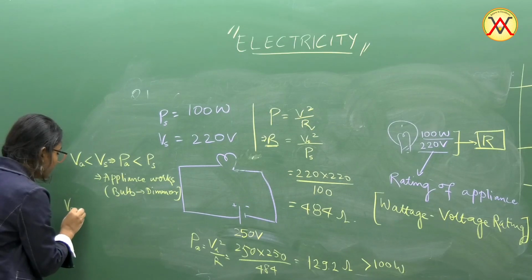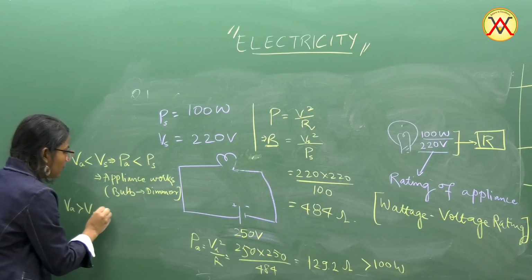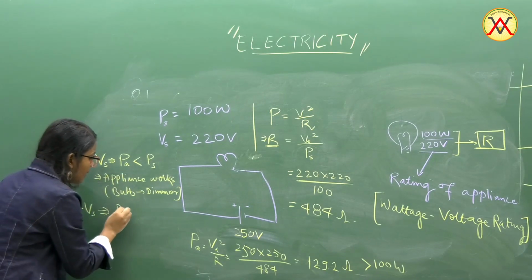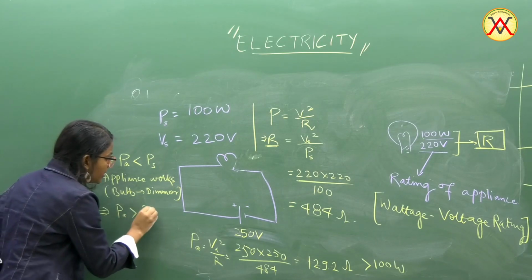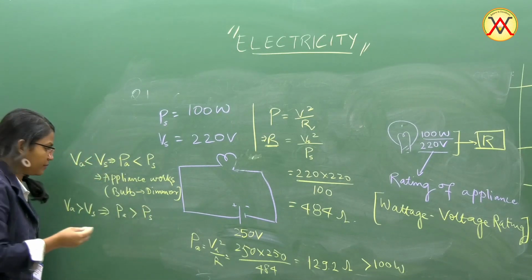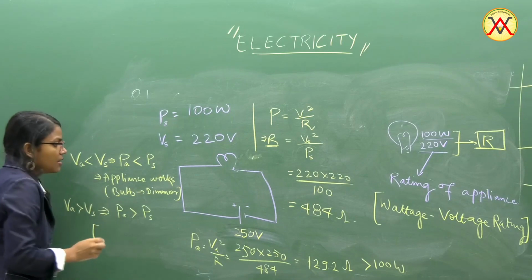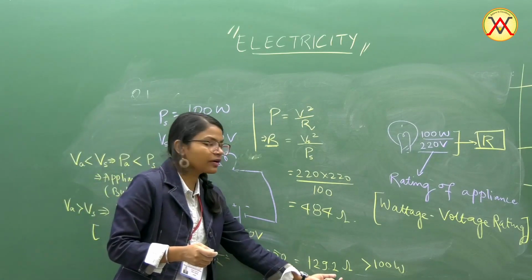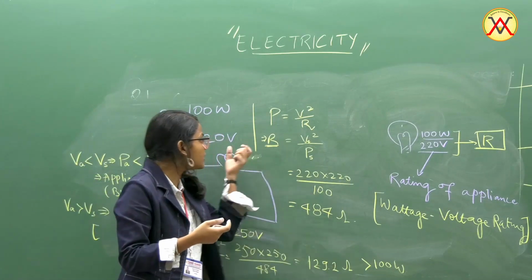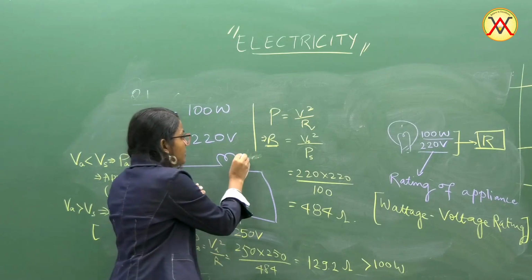When our applied voltage is greater than the specified one, then our applied power comes out to be greater than the rated one. In that case, the heating effect of current is more than what the appliance could take, right?